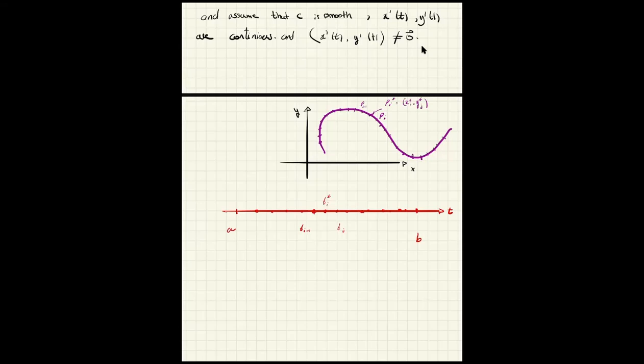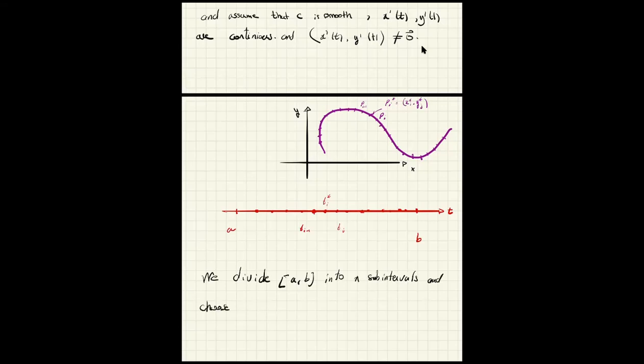Okay, so we divide the interval [a,b] into n subintervals, and choose a sample point.